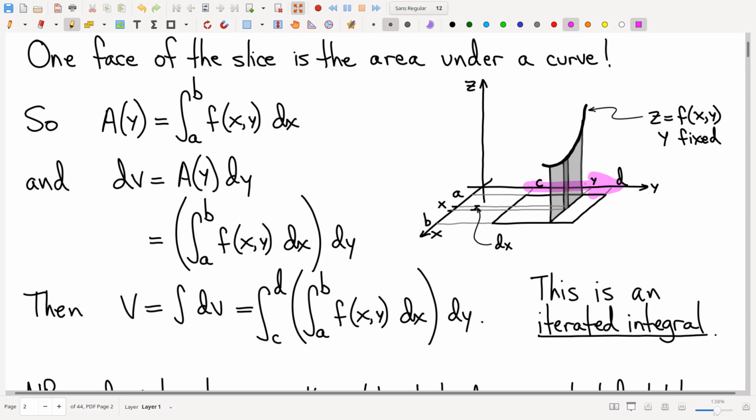On the other hand, for any given value of y, we are integrating in this direction. We are integrating height times x thickness to give us that cross-sectional area. Is everybody on board?